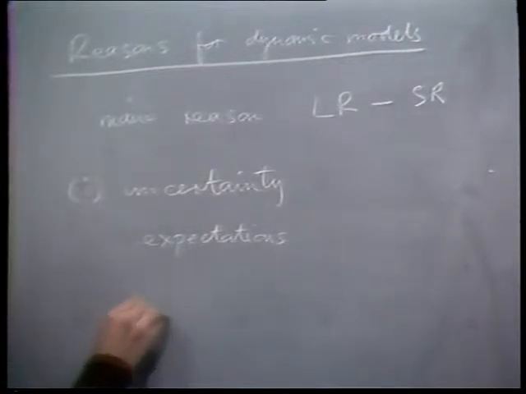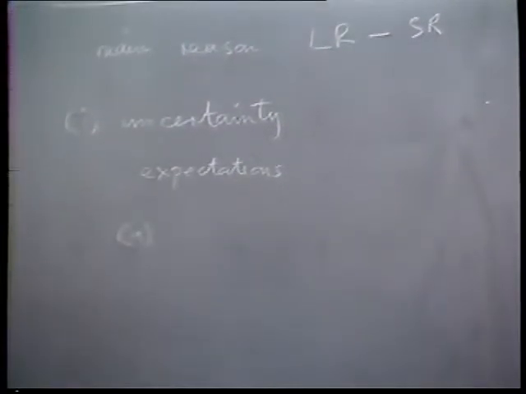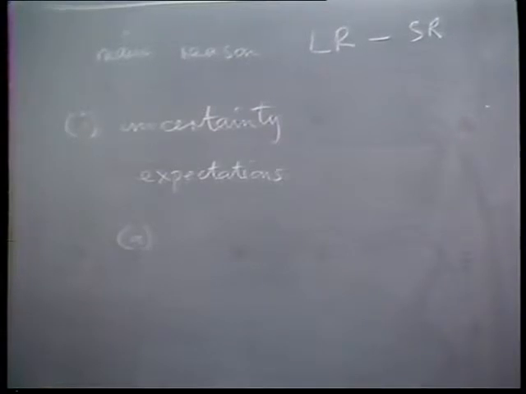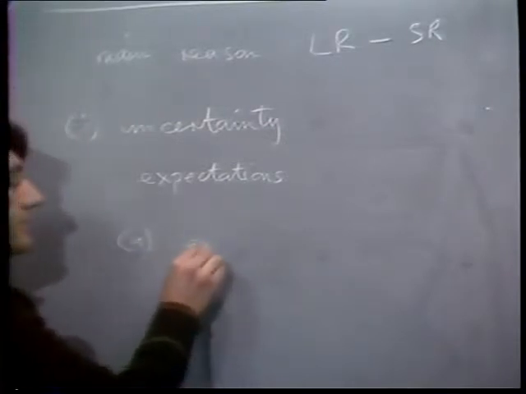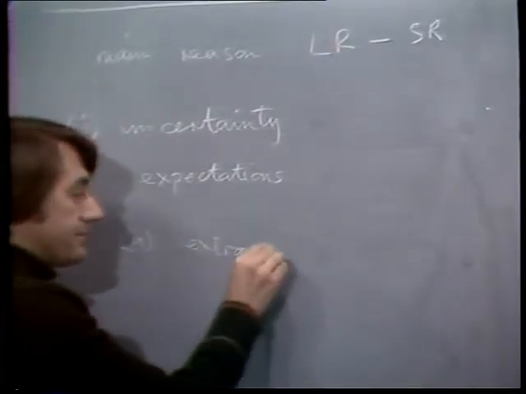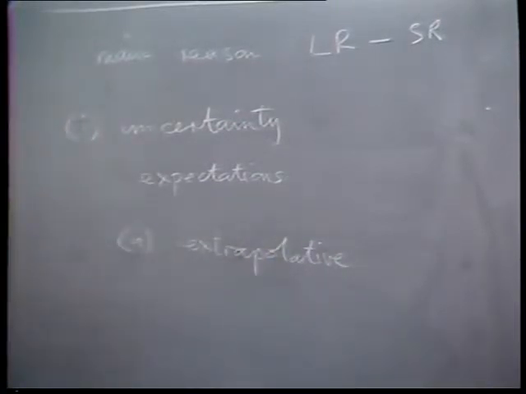Well, how could we do that? Well, one of the most popular ways of modeling expectations in econometrics has been to use, for example, univariate ARMA models, so that it's a purely extrapolative expectation.